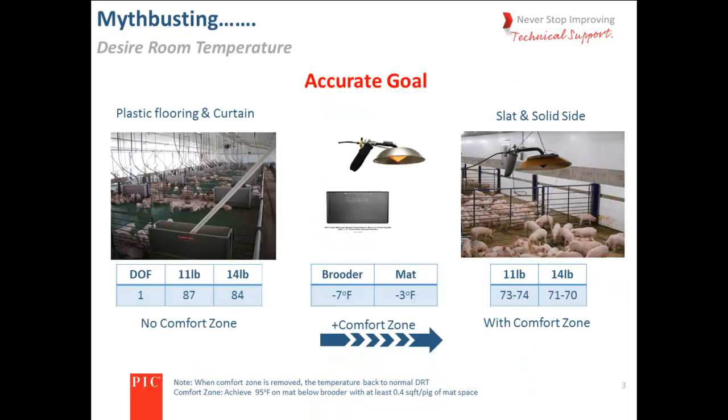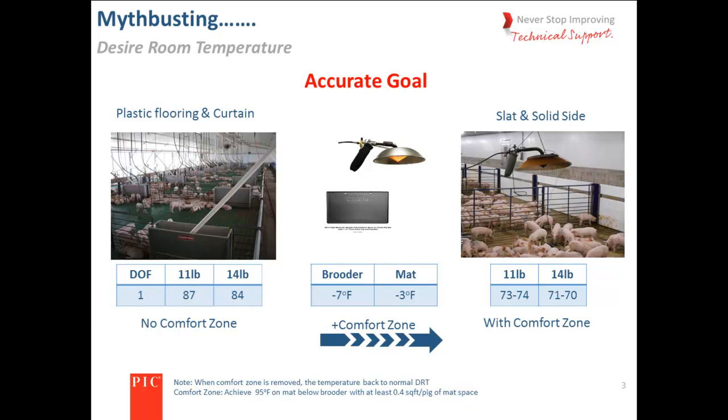So, about the desired room temperature, an accurate goal. We know our room temperature will depend on our building design and if we have a comfort zone or not. So if we have plastic flooring and curtains, like the example I'm showing you, and we have 11-pound pigs in our building and we don't have any comfort zone, maybe our room temperature needs to be 87.